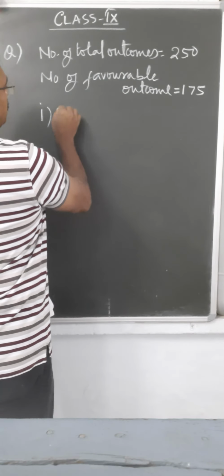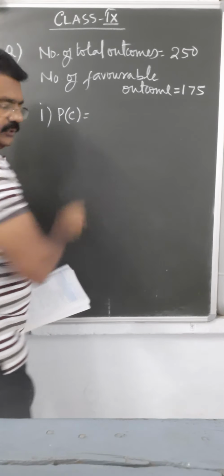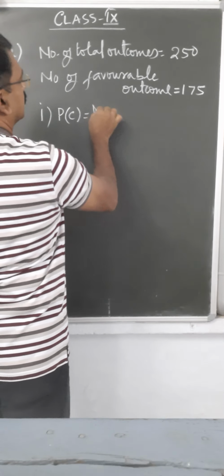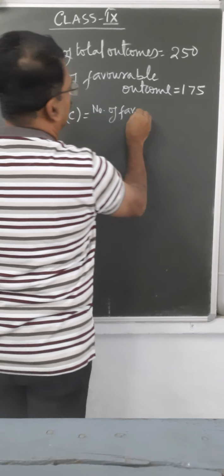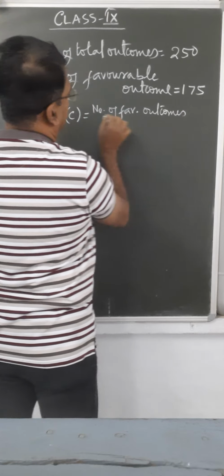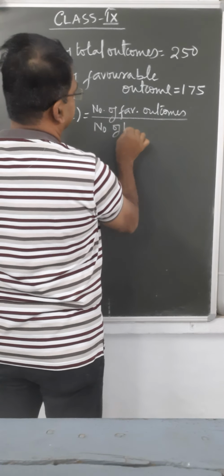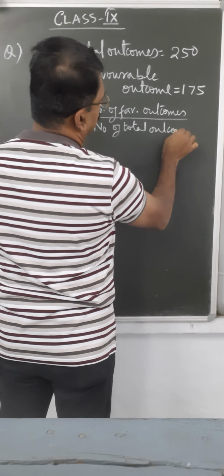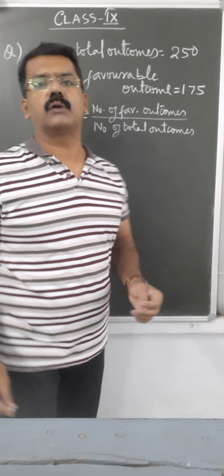You know the formula: number of favorable outcomes upon number of total outcomes.